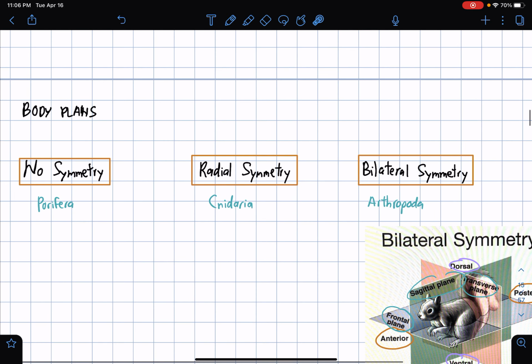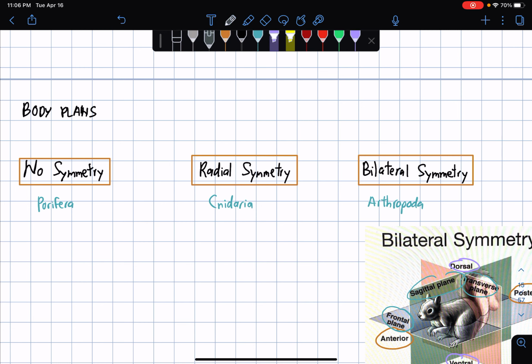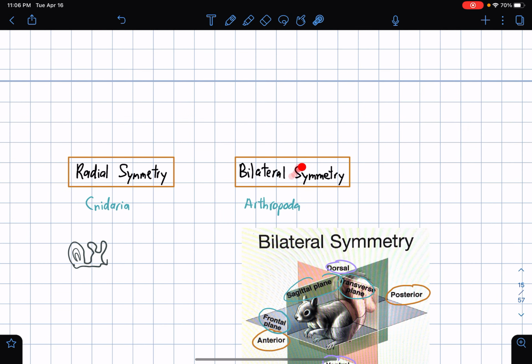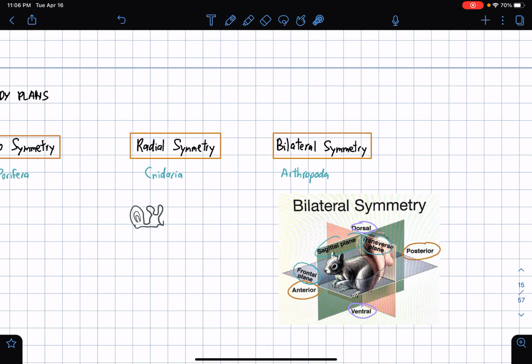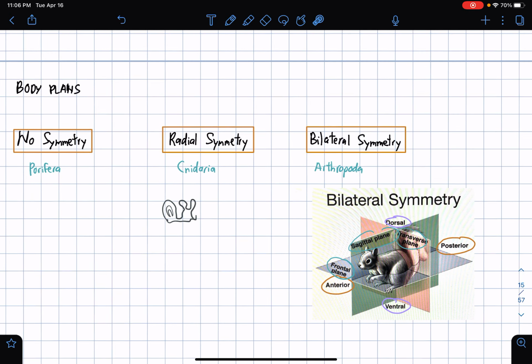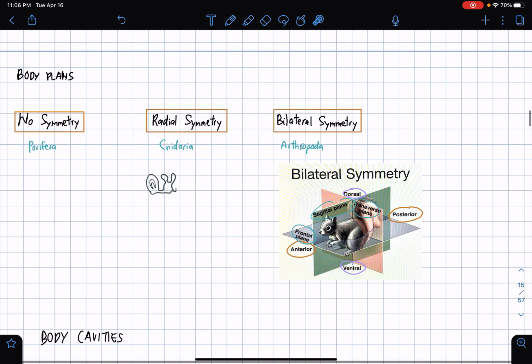So for body plans, we have no symmetry. One example is porifera. I think these are sponges. Radial symmetry, cnidaria. I think these are, what do you call those? SpongeBob's pet. Snails. Yeah, snails. And bilateral symmetry, we have arthropoda. So basically, I think most of the organisms in this world are categorized under bilateral symmetry. That includes us.